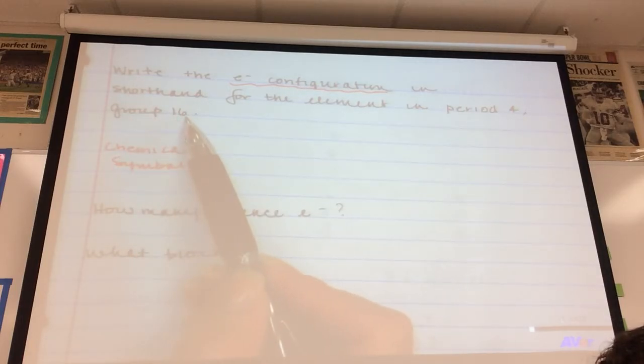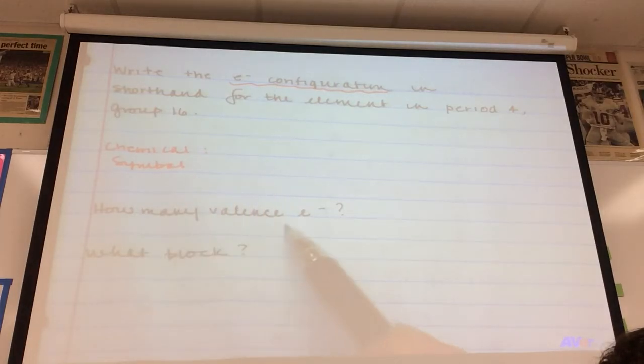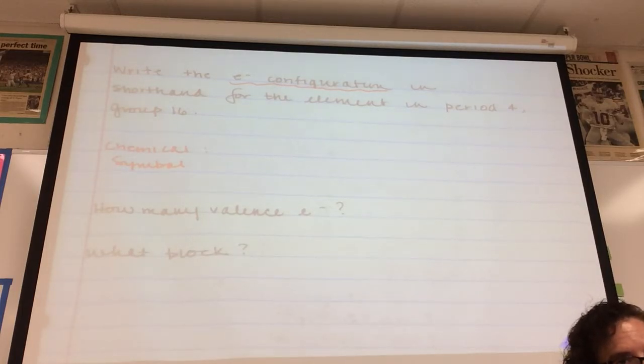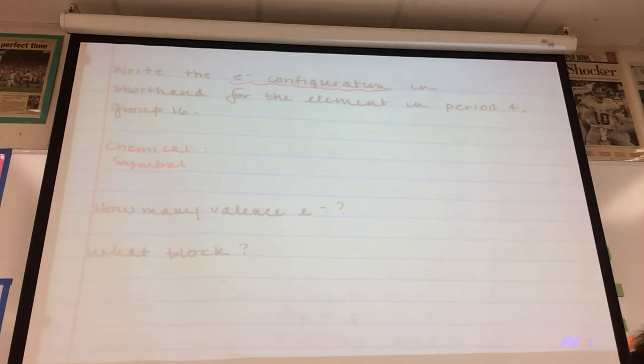What is its chemical symbol? How many valence electrons does it have? And what block is it in? I could also ask things like, is it a metal, nonmetal, metalloid? Give it a shot. See if you can do it, and that'll be a good close to see whether you understood what we did today.